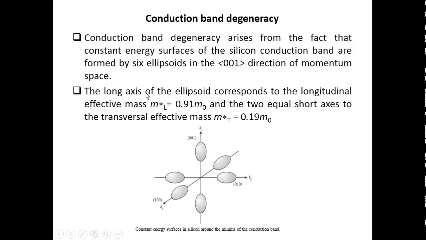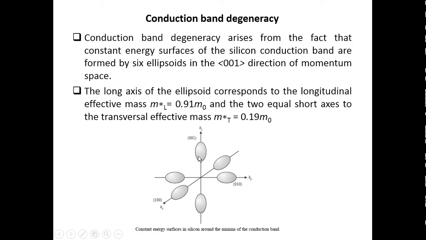The long axis of the ellipsoid corresponds to the longitudinal effective mass. That is, the effective mass of the electrons on the long axis is represented as m star l, which is 0.91 m0, where m0 is the mass of the electron. And the two equal short axes correspond to the transversal effective mass m star t.